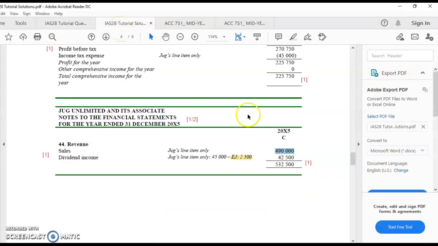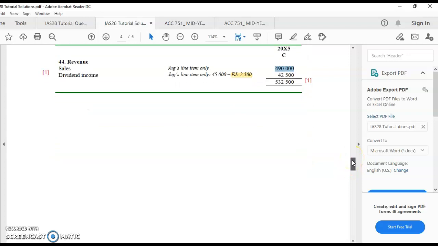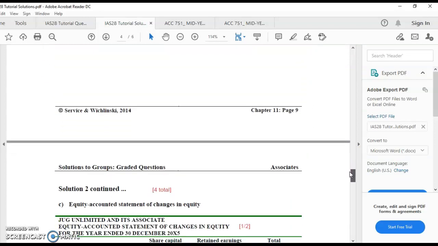But of those, there was 2,500 from the associate, so we eliminate it. So it's 45,000 less the one from Mark, and you are left with 42,500, and that's what your revenue is made up of. That was all that you guys were complaining about. They were not requiring much.